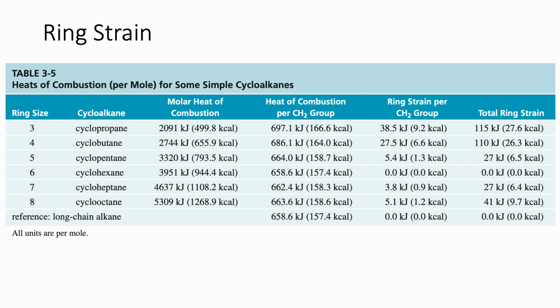So finally, back to this chart, we can see that cyclopropane has a lot of ring strain, 38.5 kilojoules per CH2 group, or a total of 115 kilojoules for all 3. And you don't need to know any of these numbers. The point is to just look at the magnitude of the ring strain as a function of that angle compression.